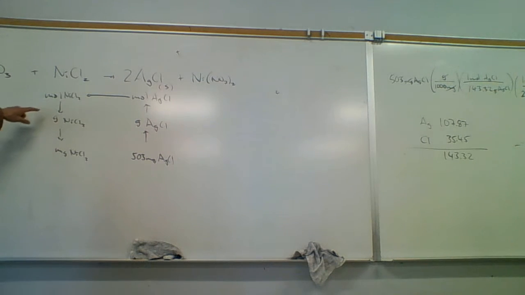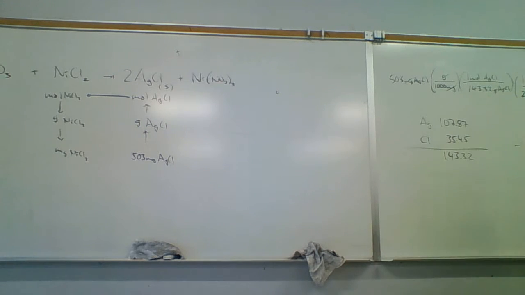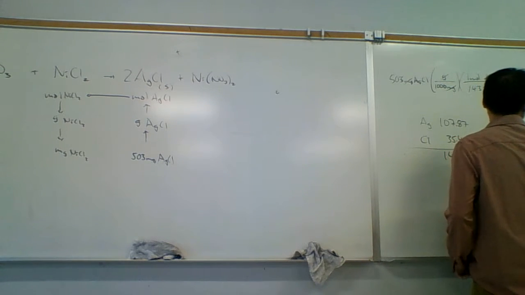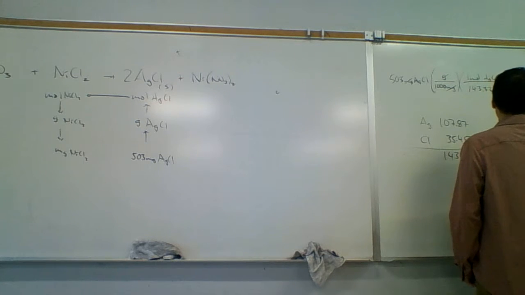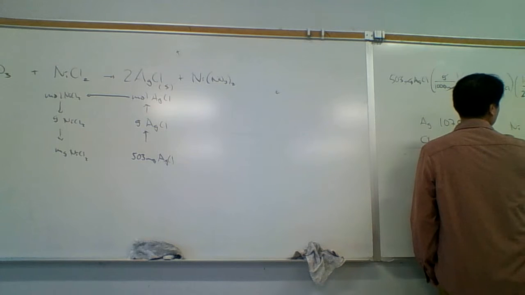Okay, now we are going to need the molar mass of NiCl2. So we'll need nickel here. Nickel is 58.69. And then we have 2 chlorines. 2 chlorines is going to be 70.90.